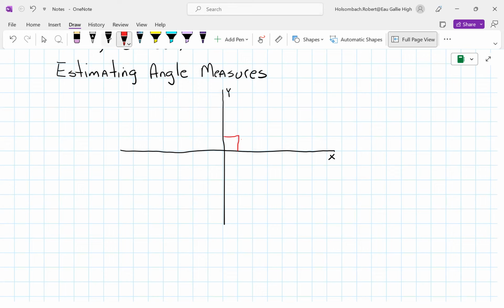Now, if I take another ray and I put my pencil on the origin and I go up and to the right at a slope of 1, I basically just bisect this 90-degree angle. And if I bisect this 90-degree angle, I go right through the upper right corner of this red box.